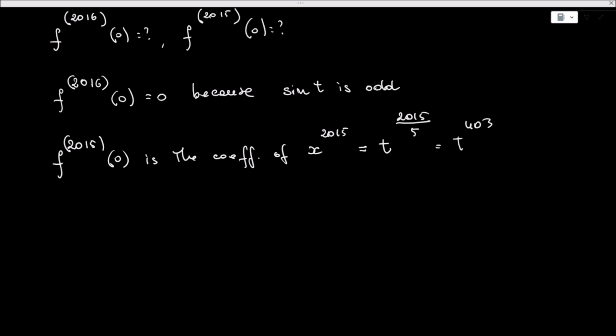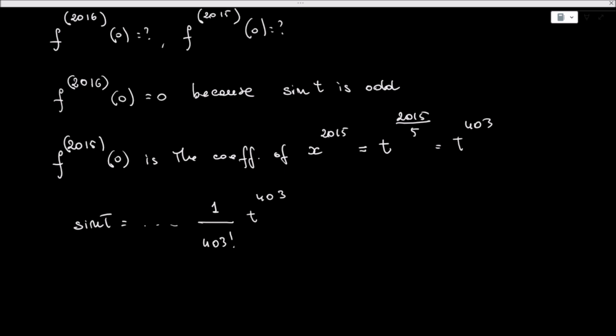Okay, so we're saying that the sine of t will have an expansion, and at some point there will be a coefficient that will multiply t to the 403, and we know already what will be the denominator. The denominator is going to be 403 factorial. We know that there will be a 1 on top. The only thing that remains to be established is the sign of this.